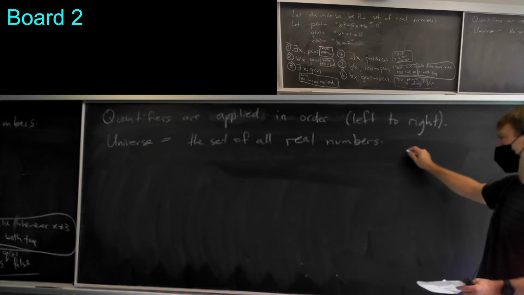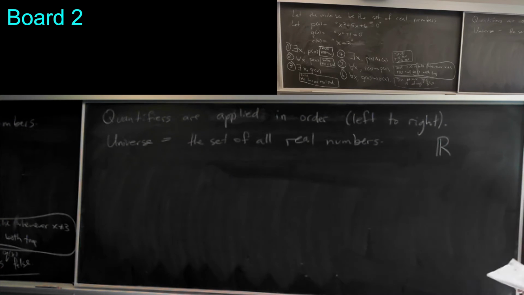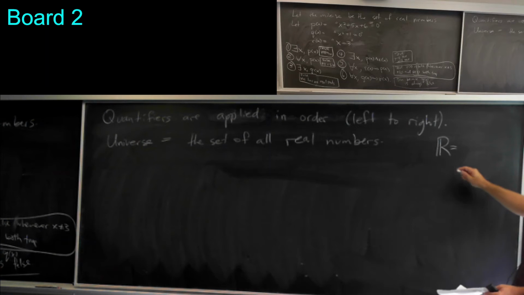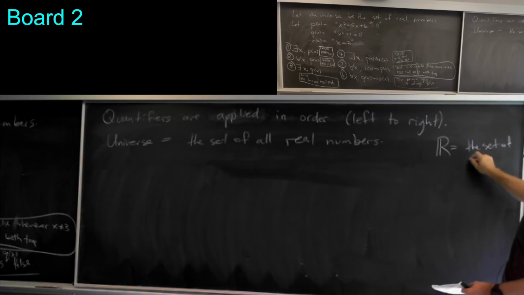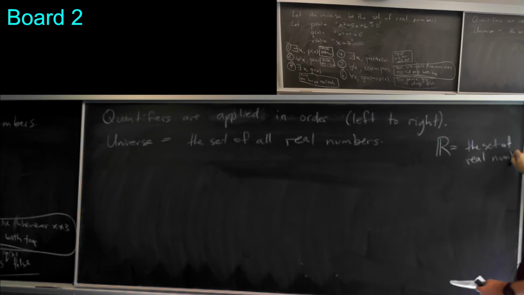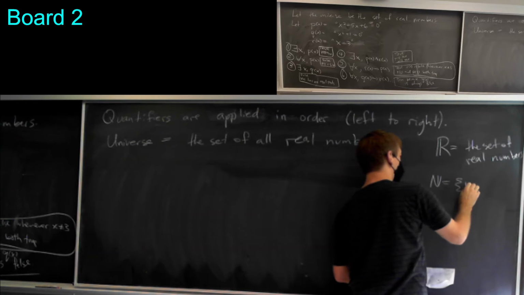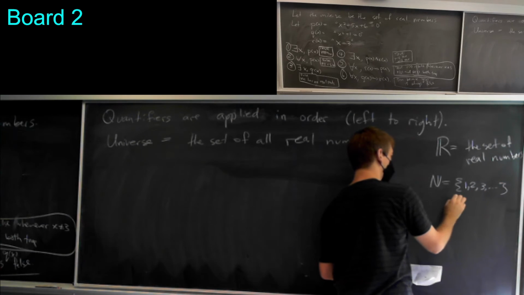By the way, a bit of terminology or notation. This is going to come up later again, but it makes sense for us to set this up now. R is the set of real numbers. N is the set 1, 2, 3, or in other words, positive integers.